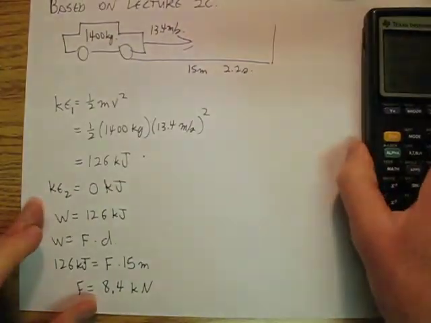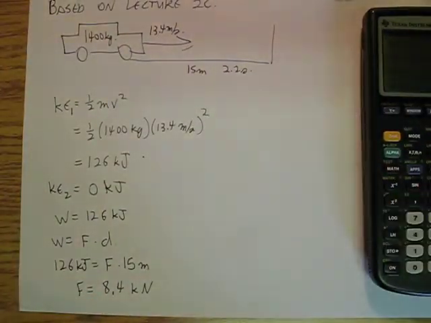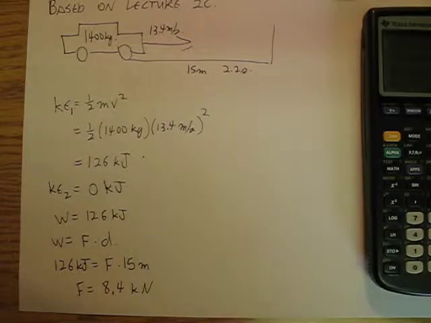So my force was 8.4 kilonewtons, and I believe I actually did that in Chapter 3, or maybe it's Chapter 4. You can go back and see if I got the same result or a different result. I'll let you check up on that.